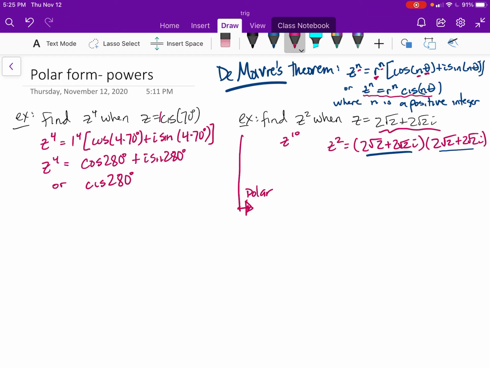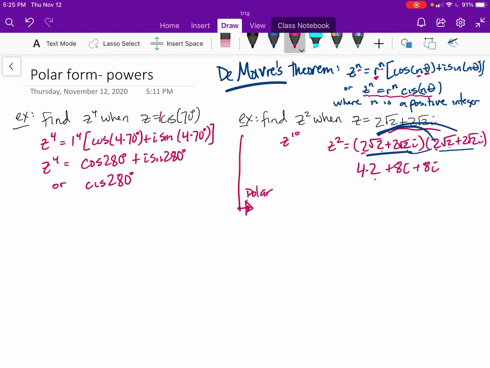Now, just to verify we do in fact get the same answers, let's go ahead and distribute and do it algebraically as well. So 2 root 2 times 2 root 2 using FOIL, we would have 2 times 2 is 4, and root 2 times root 2 is 2, so 8. Now, 2 root 2 times 2 root 2i is again 4 times 2, which is 8, so 8i. And then I would get another 8i.